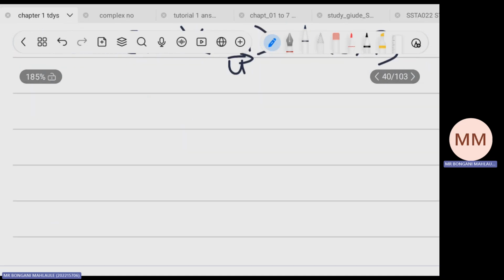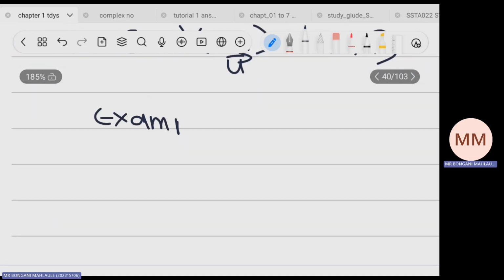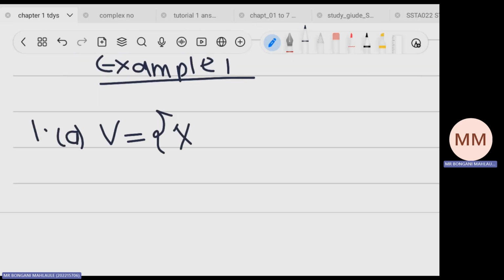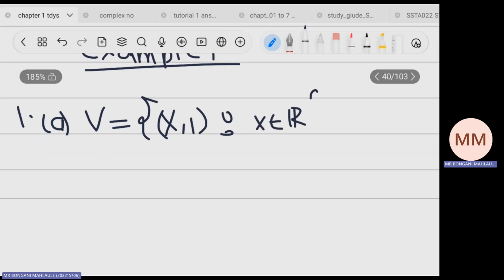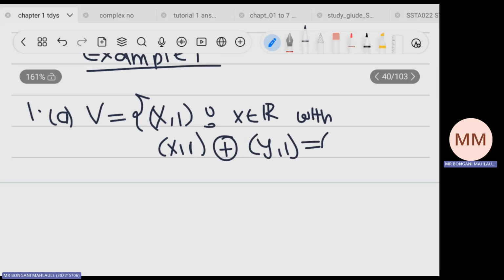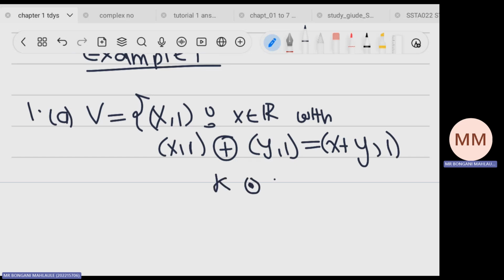So now an example. Such that x is an element of real numbers with the operations, addition is equal to x plus y over 1, and scalar multiplication.